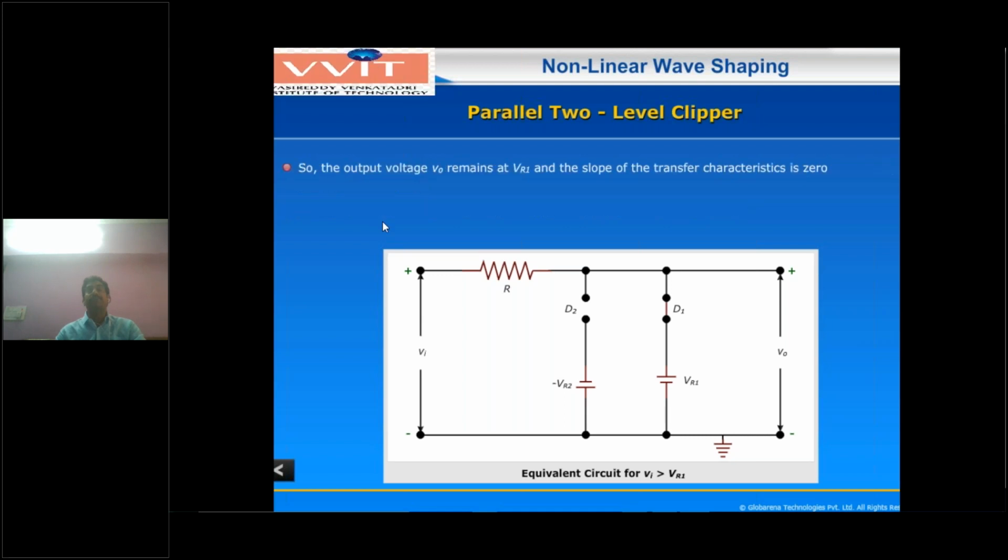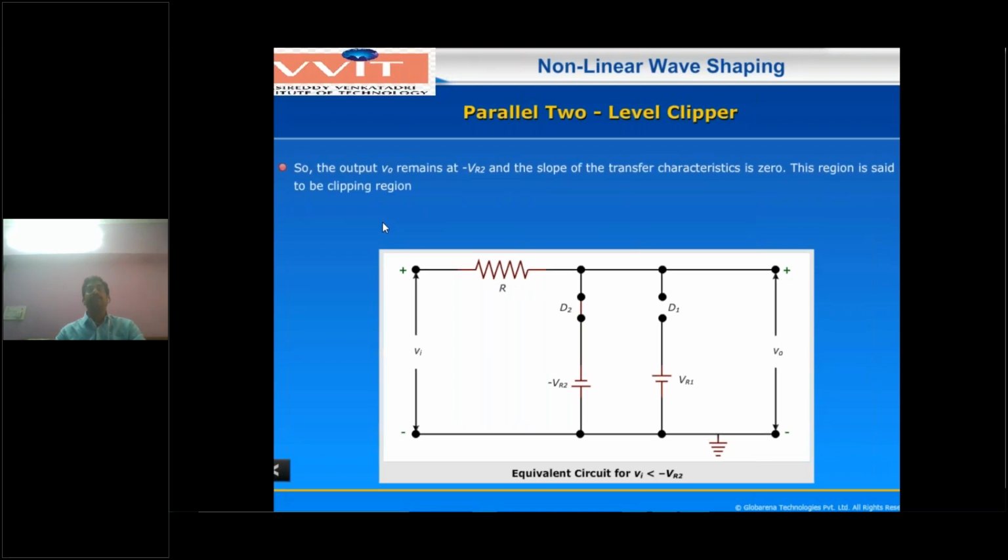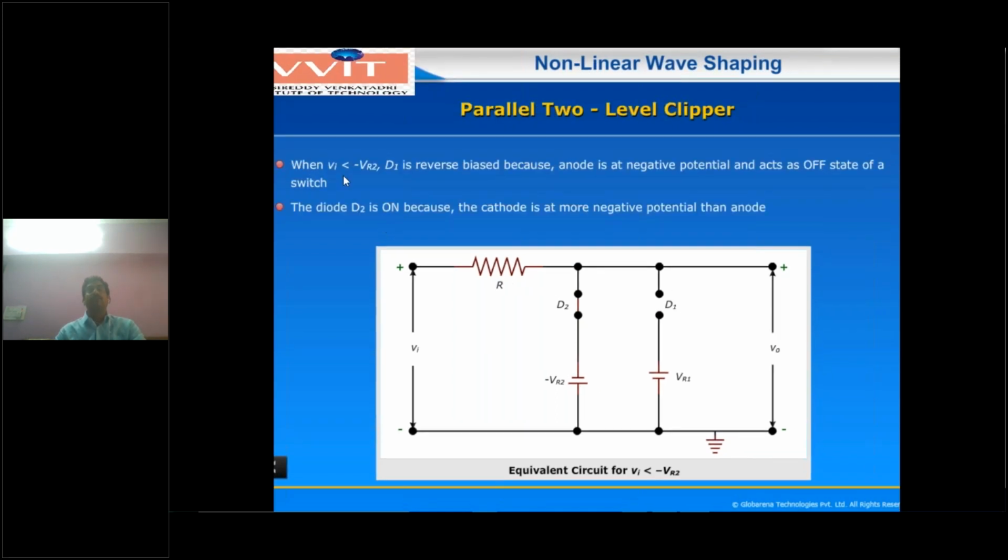Come to the second condition: whenever Vi is less than minus VR2. For example, minus VR2 is minus 2 volts, so the input voltage lies between minus 2 volts and minus 5 volts. Less than minus 2 means minus 3, minus 4, or minus 5 volts.